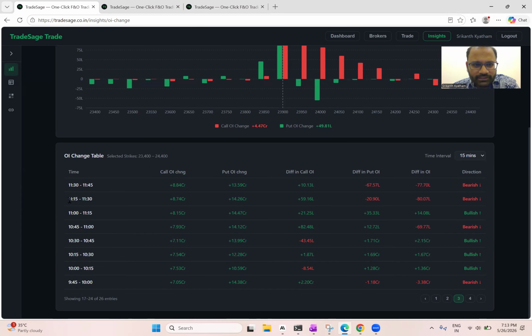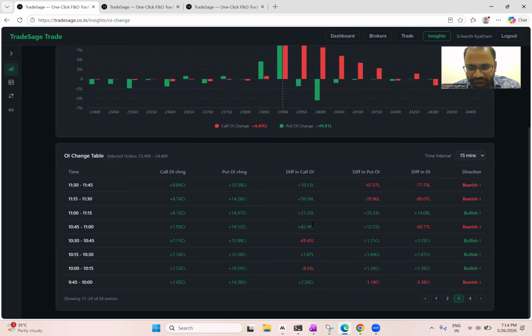I think I'll not be thinking about going on a CE trade or holding my CE trade from 11:30 a.m. I'm saying this because even before that, at 9:45 to 10 a.m., call OI has increased by 2 CR, whereas put OI has decreased by 1.1 CR. That's an indication of where the market wants to go.